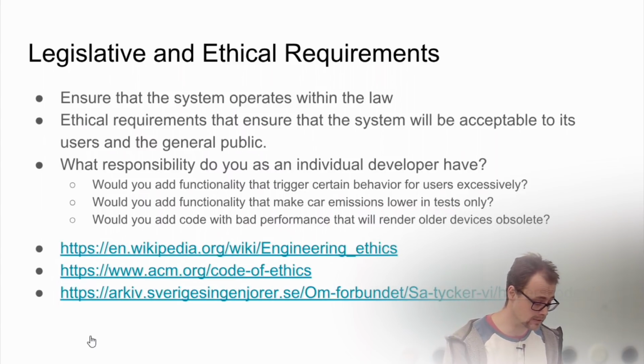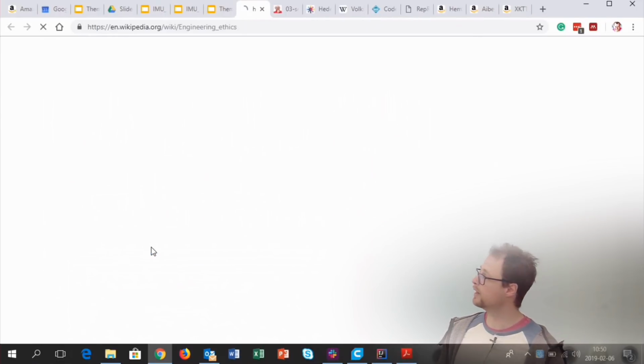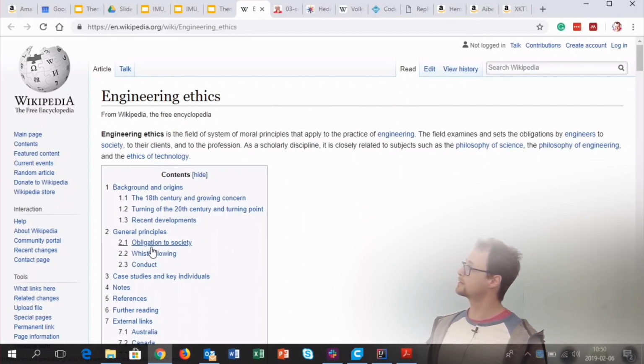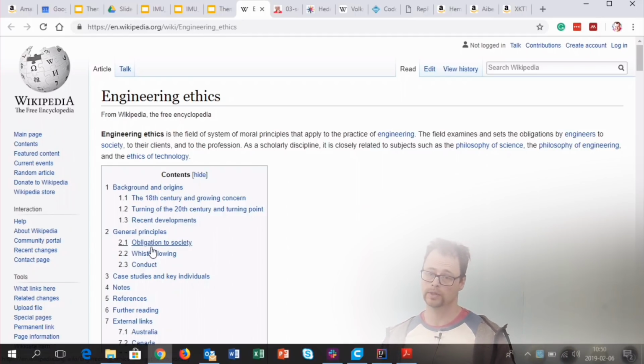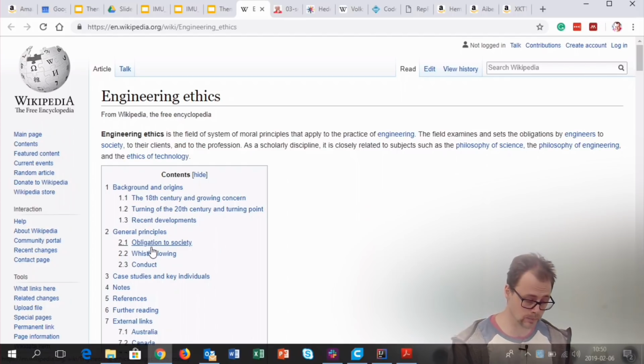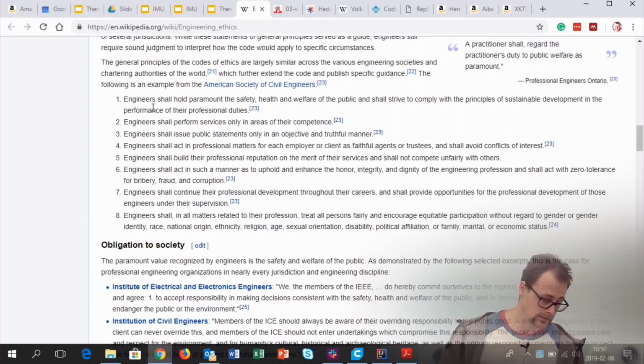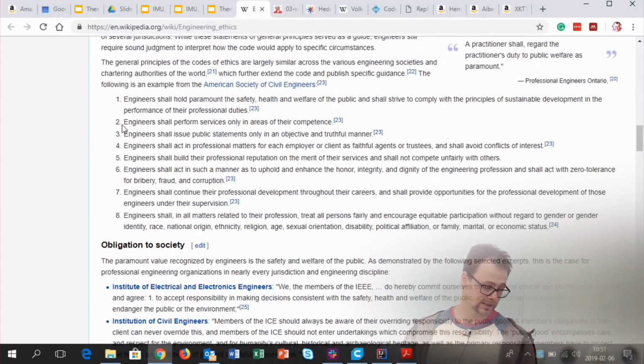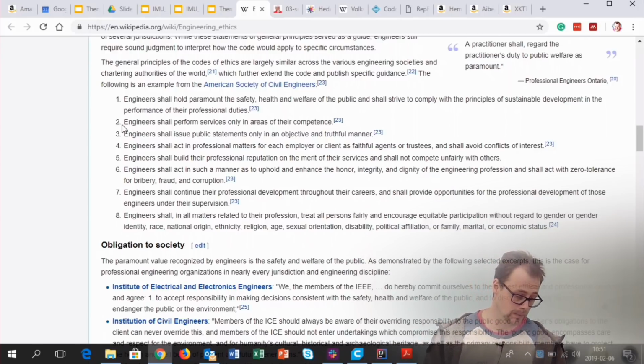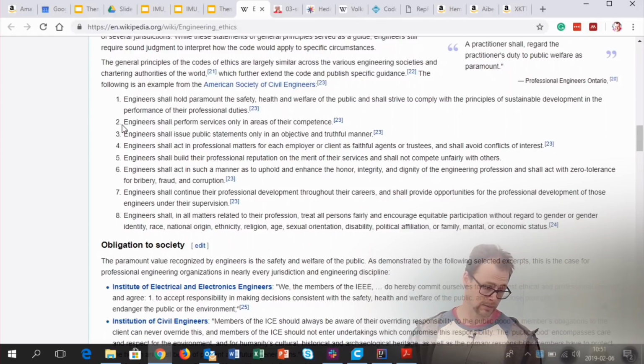So, to guide us, we have different ethical frameworks in the discipline of engineering that we can use and should at least be aware of. Looking at the first point here, engineers shall hold paramount the safety, health and welfare of the public, and shall strive to comply with the principles of sustainable development in the performance of their professional duties.